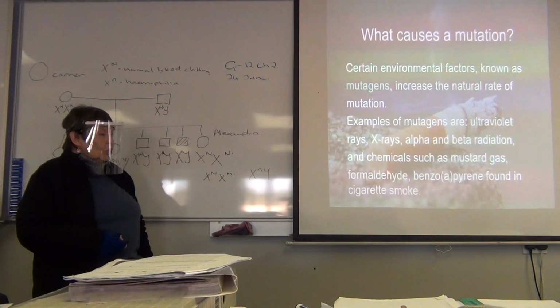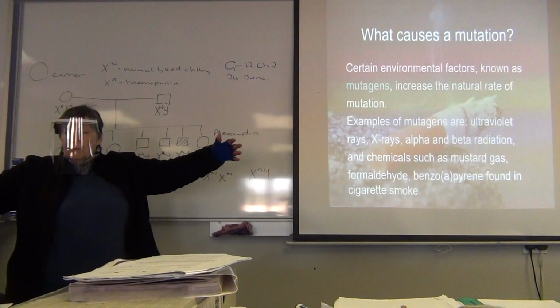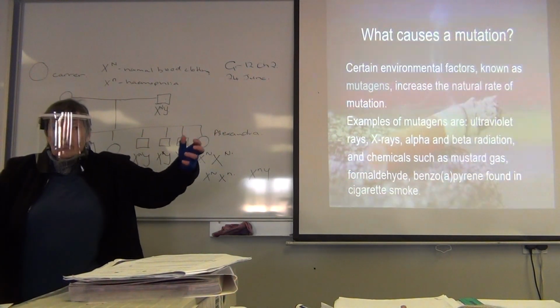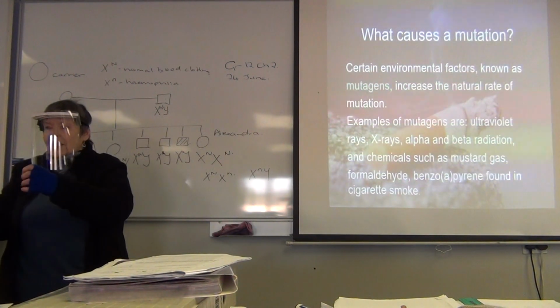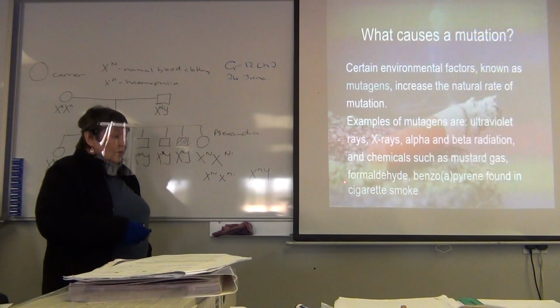When medical students got their cadavers to dissect, the cadavers were kept in big tanks of formalin, and every day that cadaver was hauled out and put on a table. That is a huge mutagen.